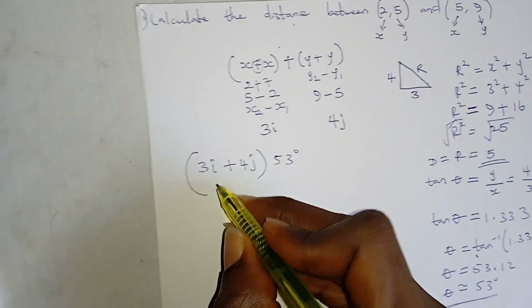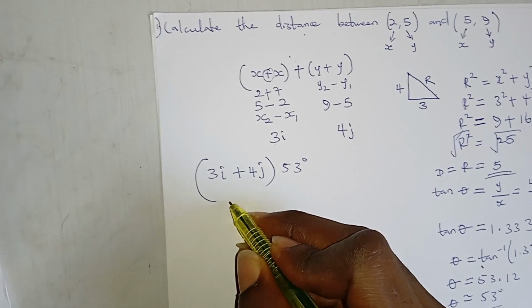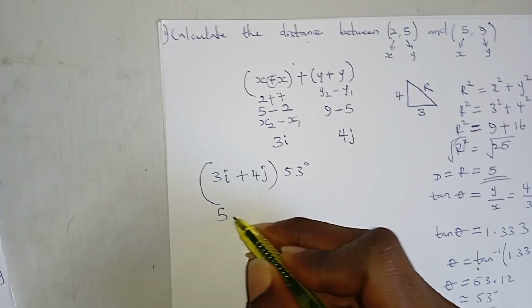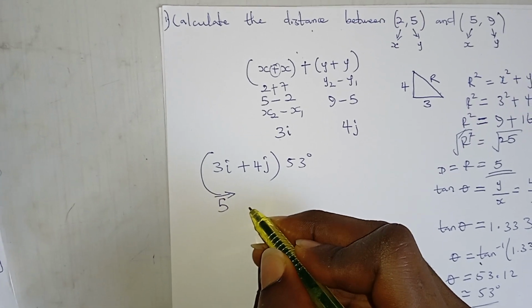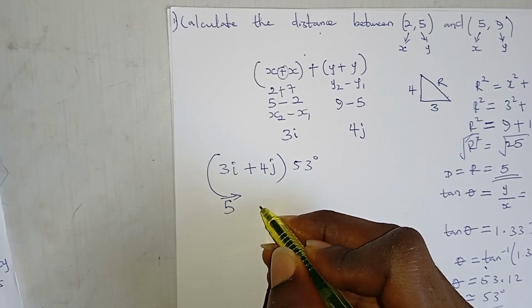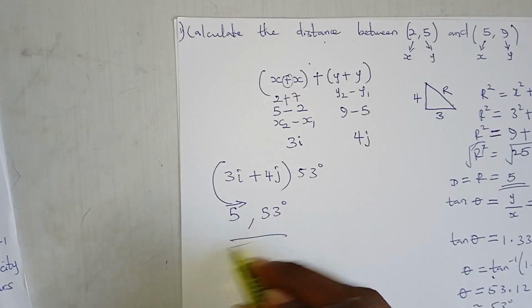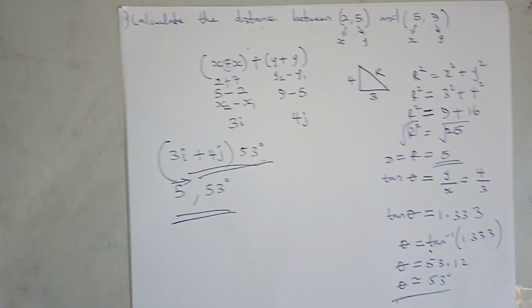That is the same as saying direction 5 this way, comma 53 degrees. So whichever way you choose to represent it, this is how you have it.